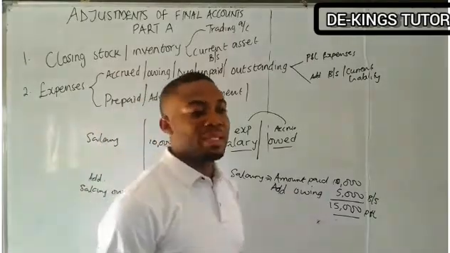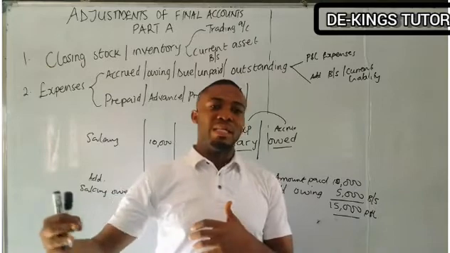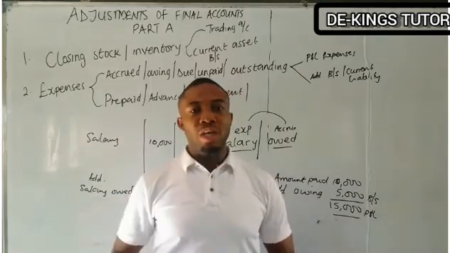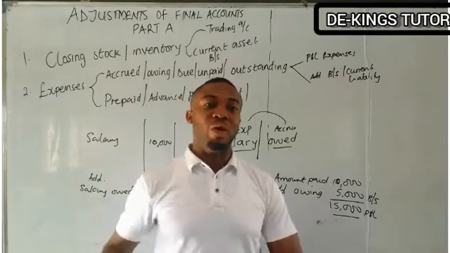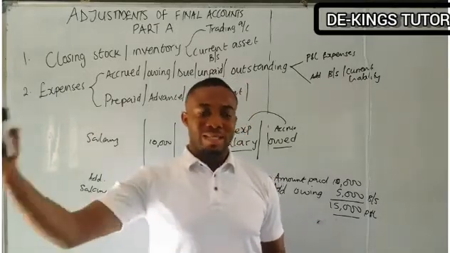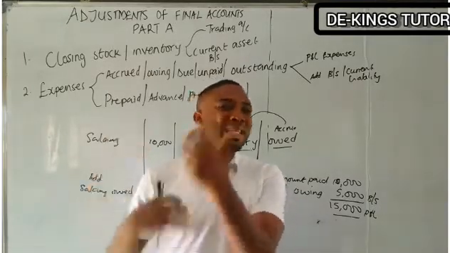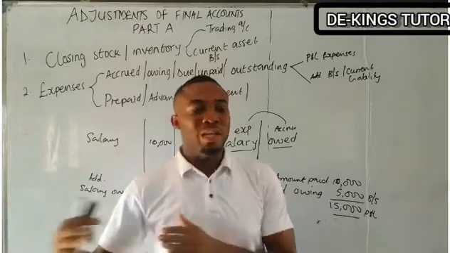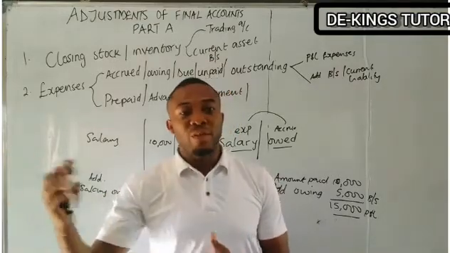Prepaid expenses are expenses in which the payment has been made before enjoying the services. Payment has been made for which the services have not been enjoyed. For instance, if you paid for next year in your house rent, it means that you are paying in advance of enjoying the service. We've not gone into next year, but you have paid for next year.